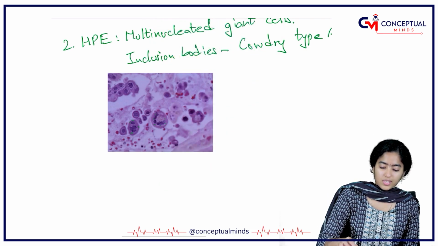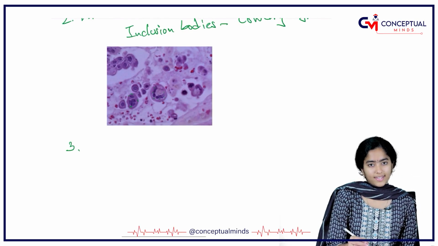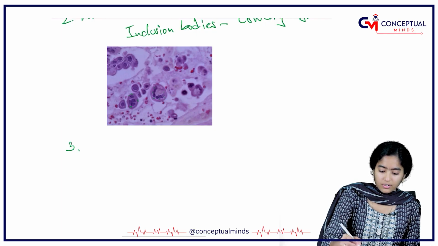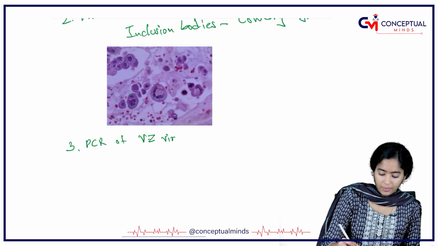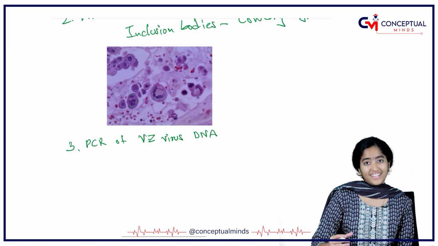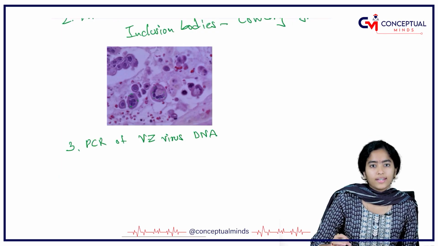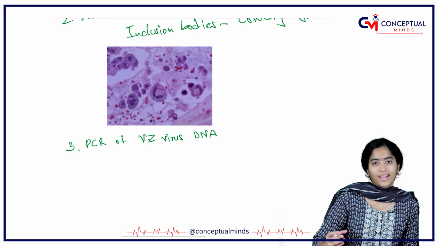Next, what we can do is detect the virus itself by doing a PCR of the Varicella zoster virus DNA. If we detect Varicella zoster virus DNA on the PCR, that confirms herpes zoster infection, reactivation.